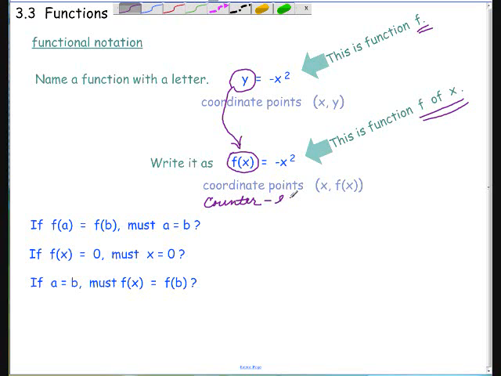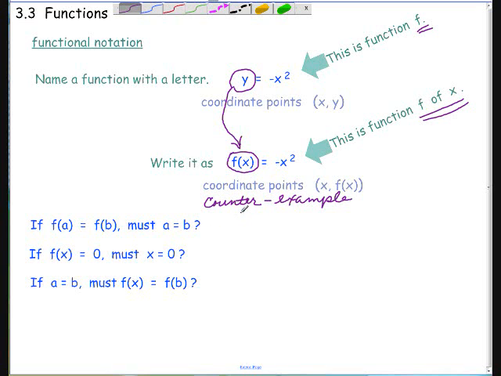If we can find a counterexample where this is false, in other words, just one situation where a does not equal b, and yet function a does equal function b, then we would have to say that a doesn't necessarily equal b.